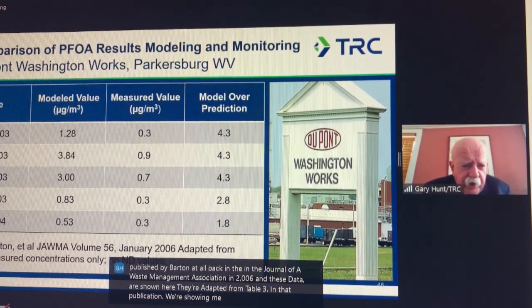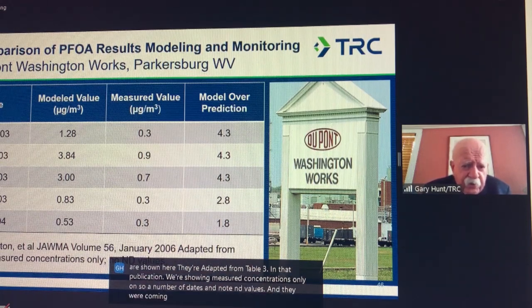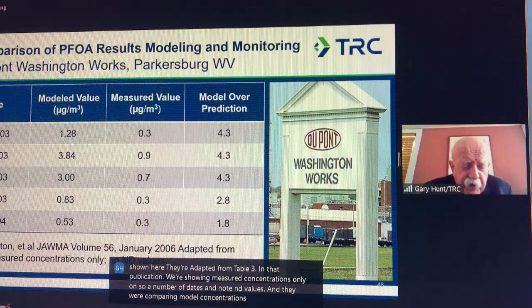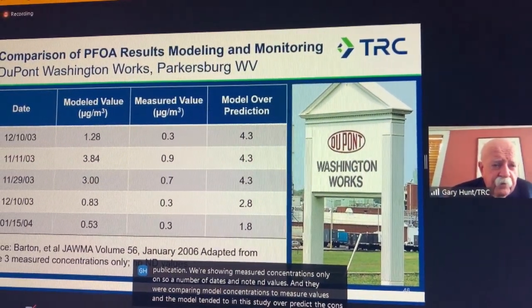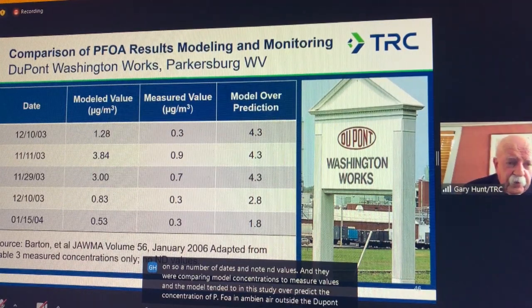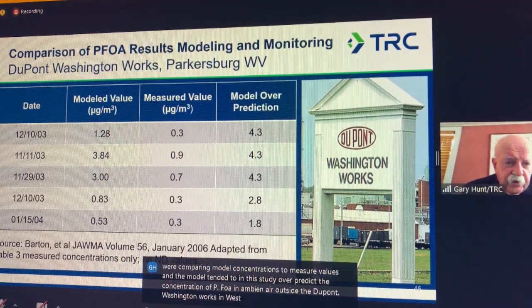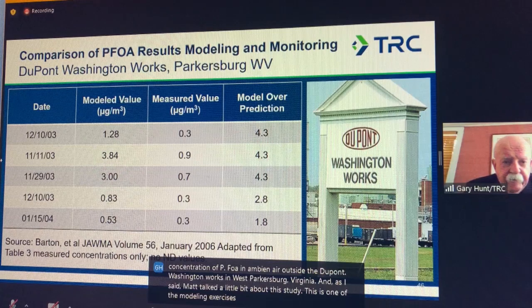We're showing measured concentrations only on a number of dates and no ND values. And they were comparing modeled concentrations to measured values. And the model tended to, in this study, over-predict the concentration of PFOA in ambient air outside the DuPont Washington Works in West Parkersburg, West Virginia. And as I said, Matt talked a little bit about this study. This is one of the modeling exercises he referenced. Next slide, please.